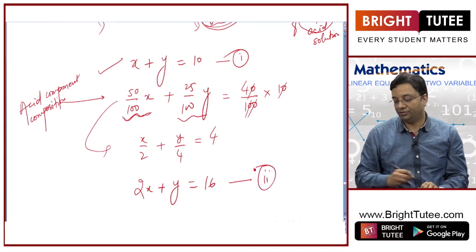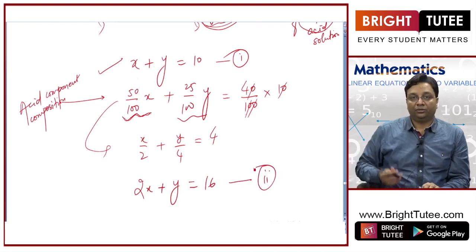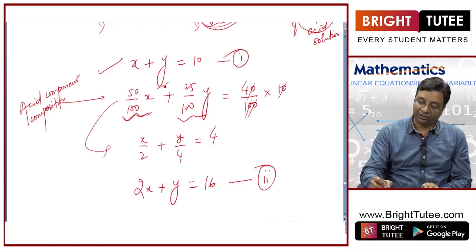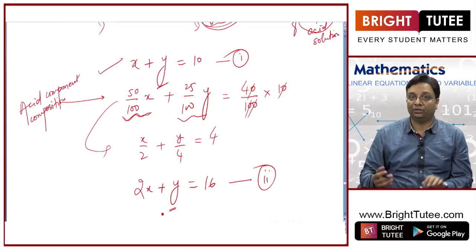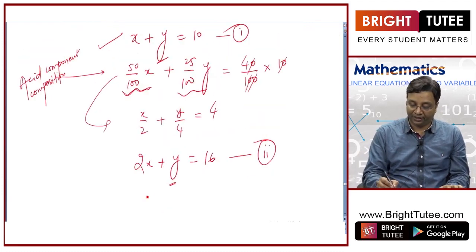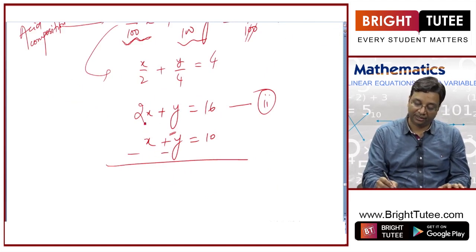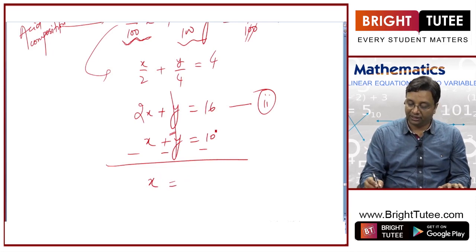Let us say this is our equation number 2. Now, to equate the coefficients, I do not have to make any extra effort because the coefficient of y is 1 in both these equations. So we will simply subtract.